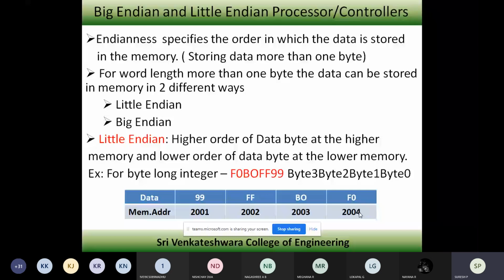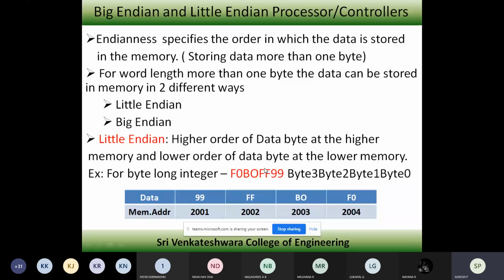As the definition tells for little endian, what will happen here? Your lower byte is going to be stored in the lower memory address. Here the lowest memory address specified is 2001, so the lowest byte 99 will be stored there.